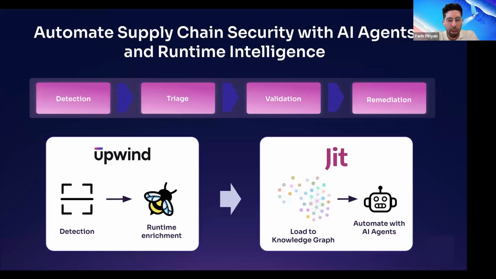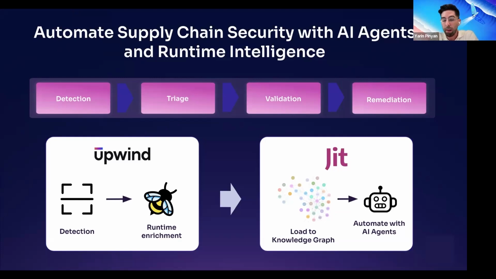Yeah, so I think the very interesting concept about that, and you'll also see it in David's demo after that, once you see the findings from the Jit platform, is the real hard problem that we're seeing right now with automating vulnerabilities and issues, and all the detection, triage, and validation with AI agents: they still don't have the real-time context in some cases.